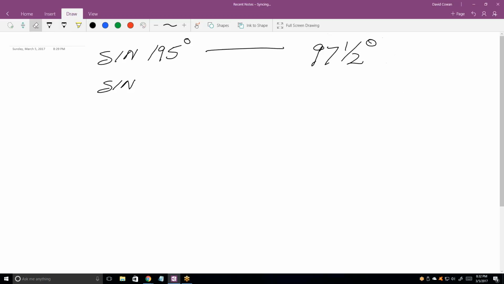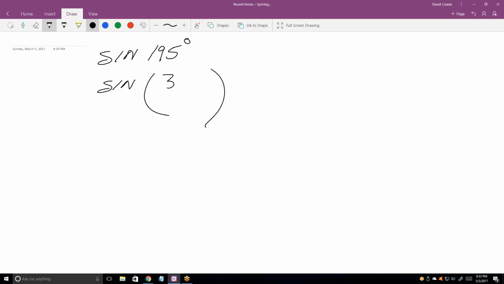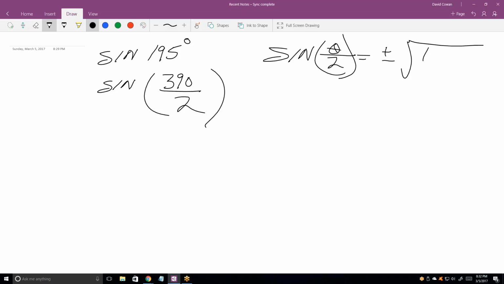And the way to do this is always write the angle you're talking about like this. That's 195, right? Yes. Okay. What's the general formula for the sine of theta over 2? Plus or minus the square root of 1 minus cosine of theta all over 2.